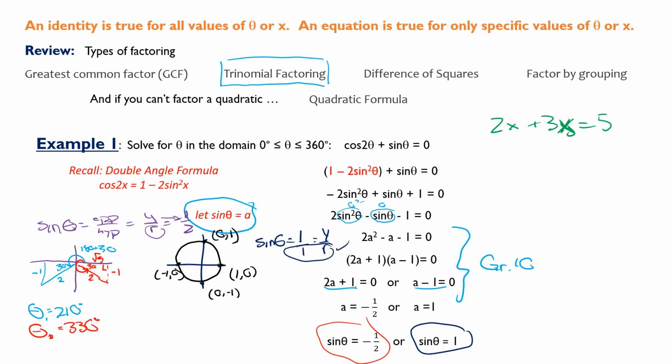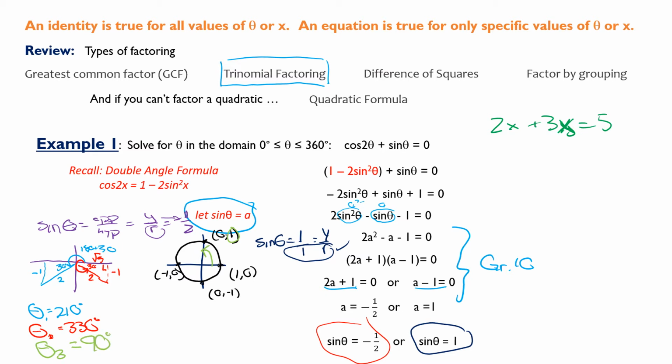I don't need to worry about that. But where is the y value equal to 1? There's only one place, and it's rotating right up to here, to 90 degrees. There's my y value of 1. So I have another answer. My third answer for theta, theta 3, is going to be 90 degrees.